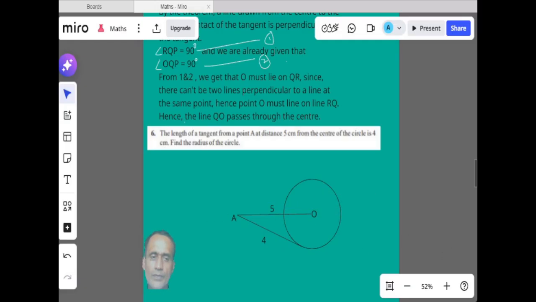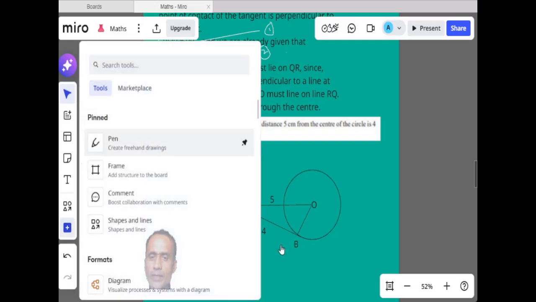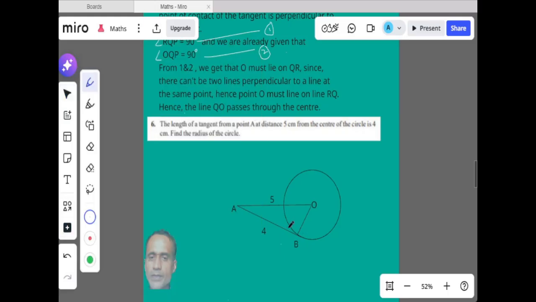So let us draw the radius from point O to, let this be, point B. I have drawn line OB from the center to the point of contact of the tangent. And we know that the line drawn from the center to the point of contact is perpendicular to the tangent.